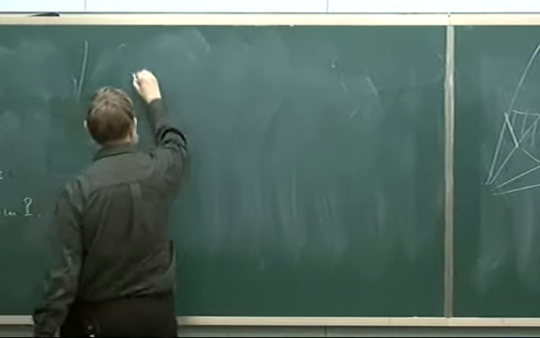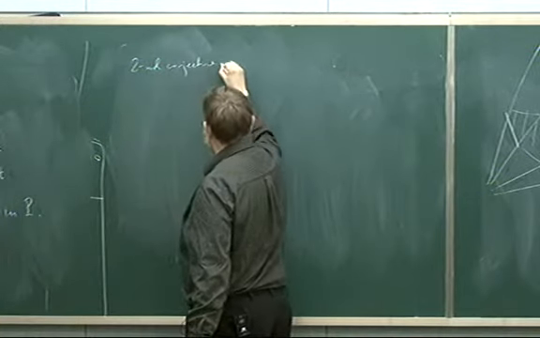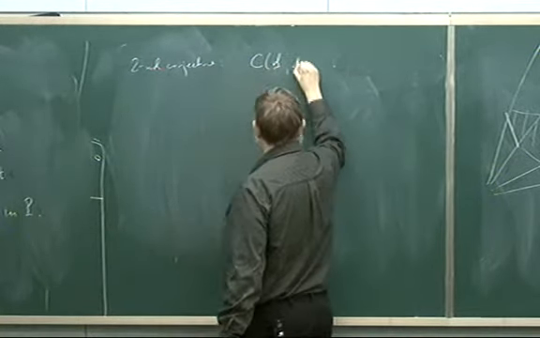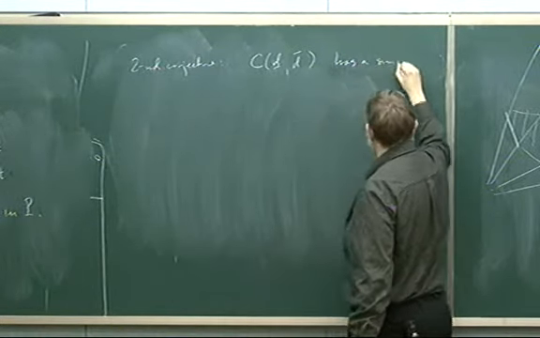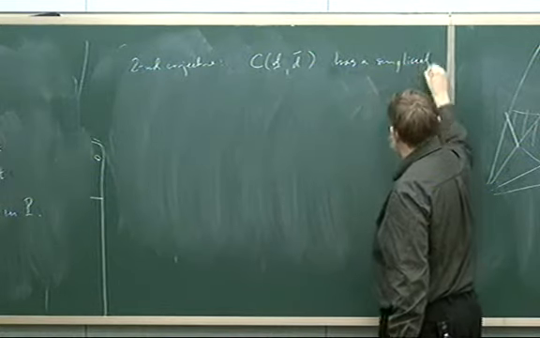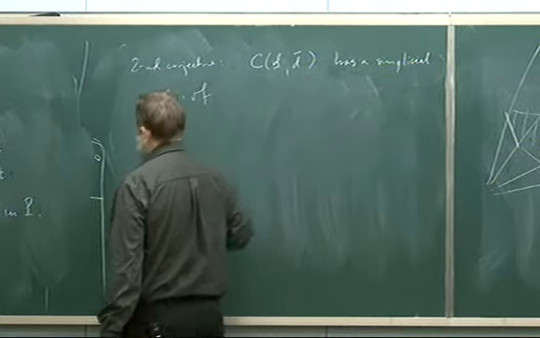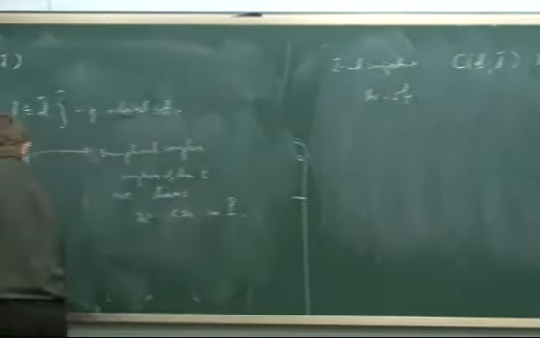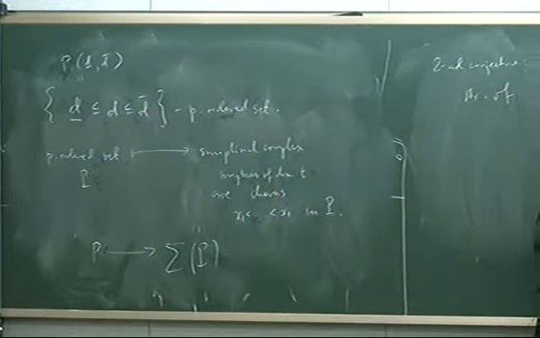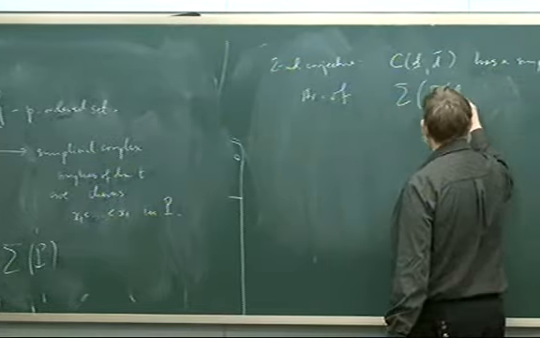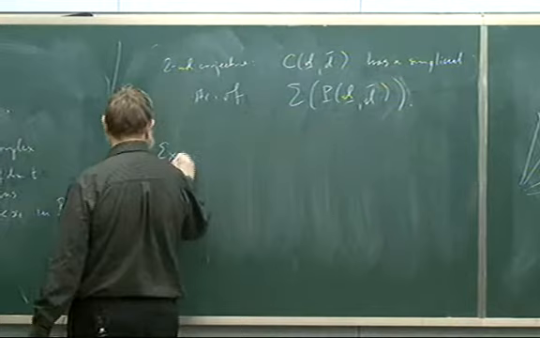So this is a conjecture, the second conjecture: C, D lower, D upper has a simplicial structure, P goes to the simplicial complex sigma of P, D lower, D upper.